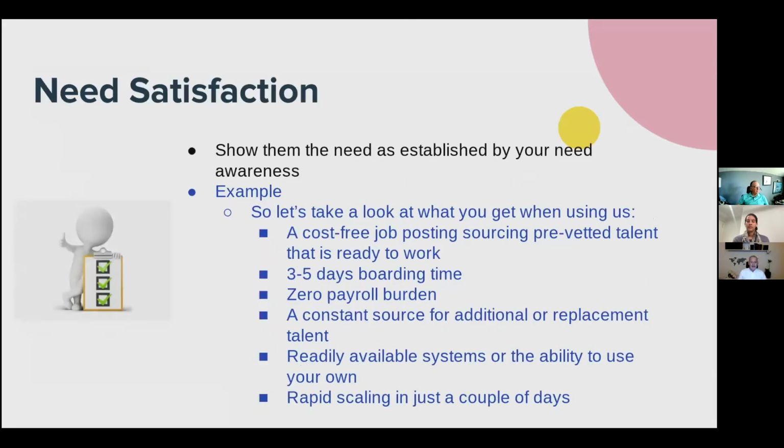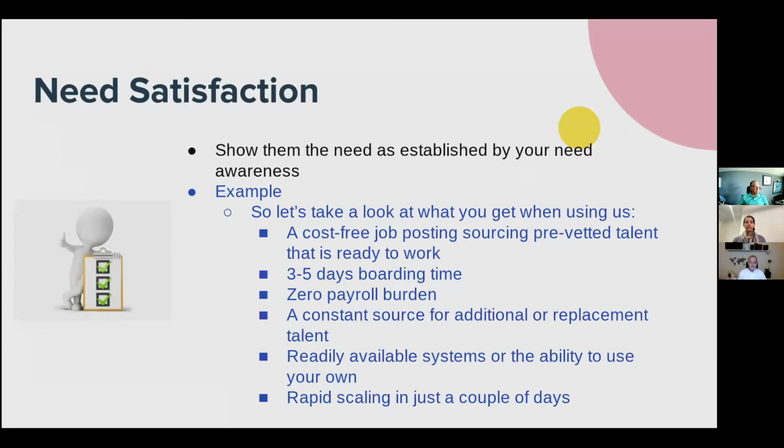Need satisfaction. This is actually satisfying against that need that you just unpacked. So they just described their conventional hiring process, right? So as an example, we were talking to an Overpass prospect again. So let's take a look at what you get when you're using us. You get a cost-free job posting that sources pre-vetted talent that's ready to go to work, right?